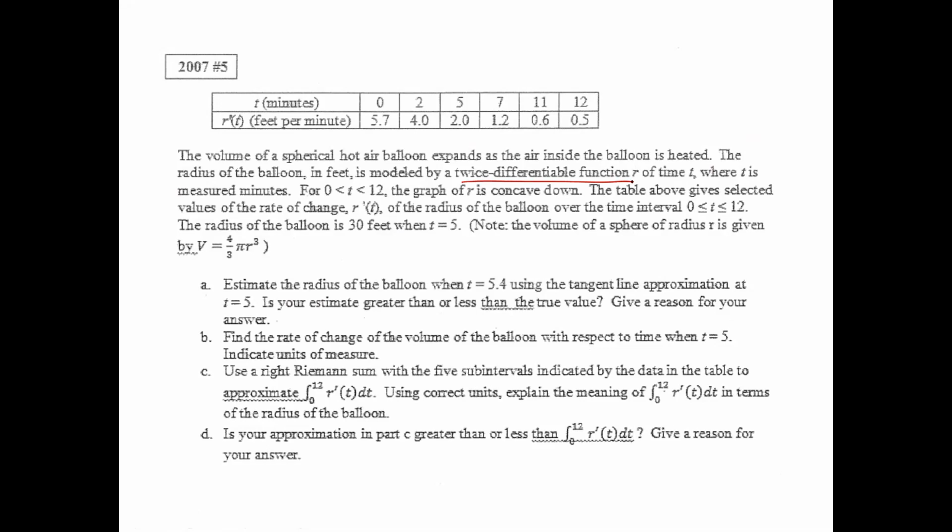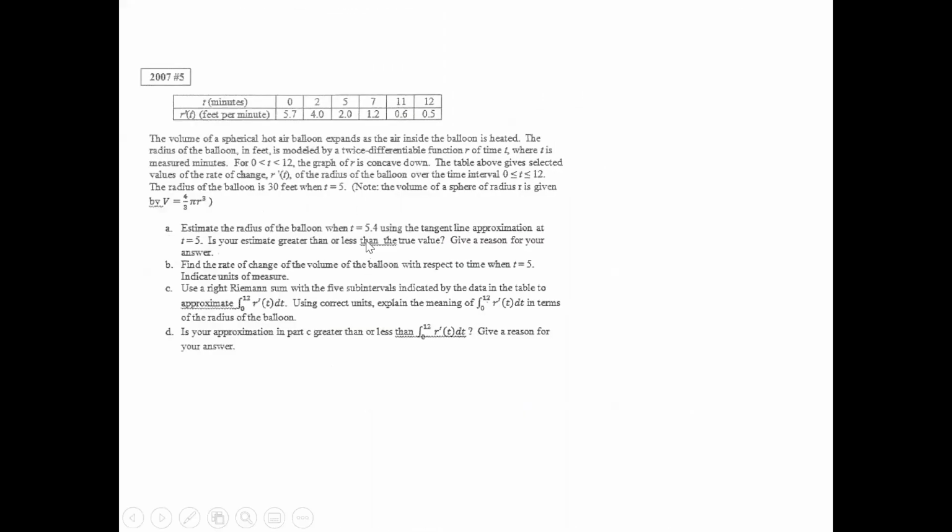The radius of the balloon is 30 feet when t is 5. Note that the volume of the sphere with radius r is given by V equals 4/3 pi r cubed. So for A, it's asking you to estimate the radius of the balloon when t is 5.4, using the tangent line approximation at t equals 5. Is your estimate greater or less than the true value? Give a reason for your answer.